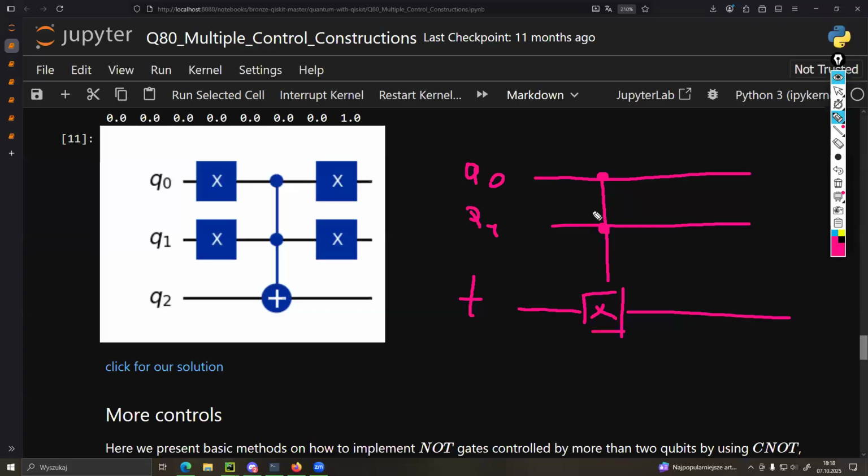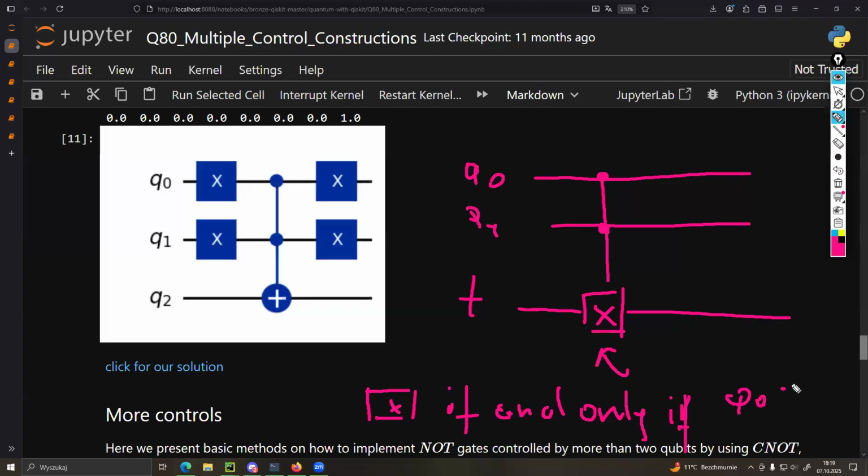You say that's fine, but if you look at this circuit very closely, what happens is that this gate only activates X if and only if Q0 is 1, right? And Q1 is 1.